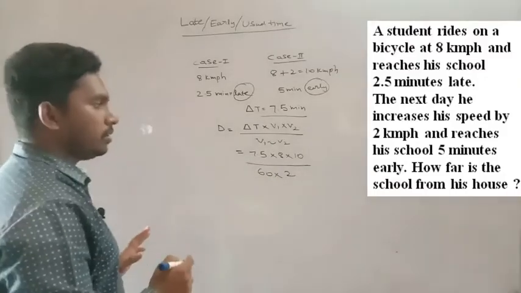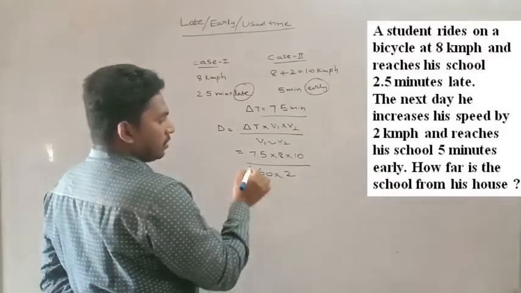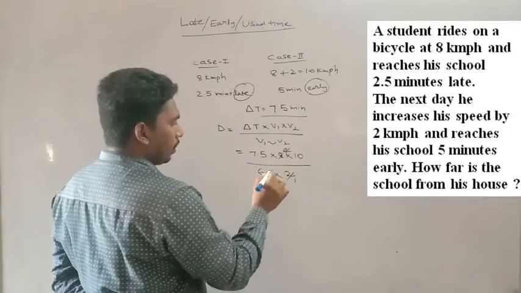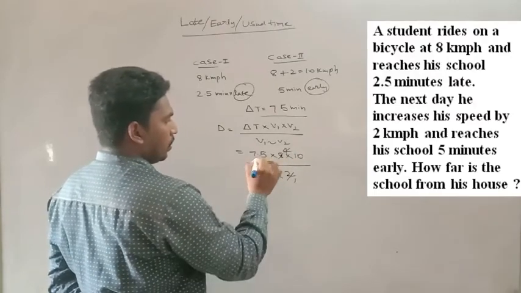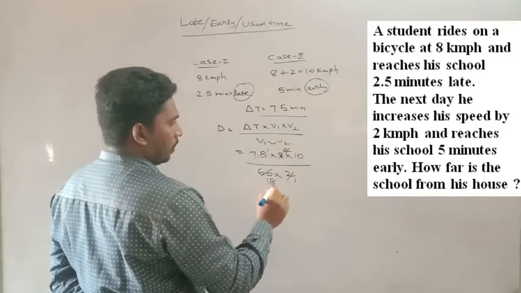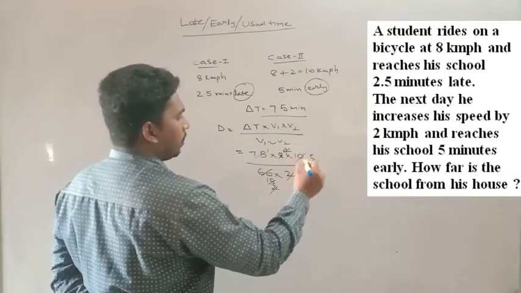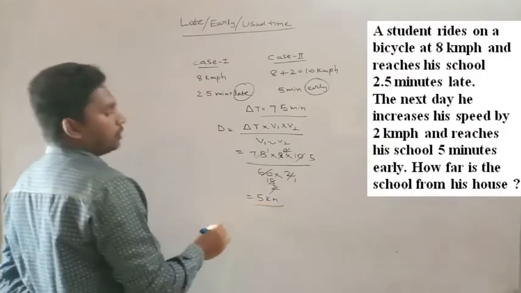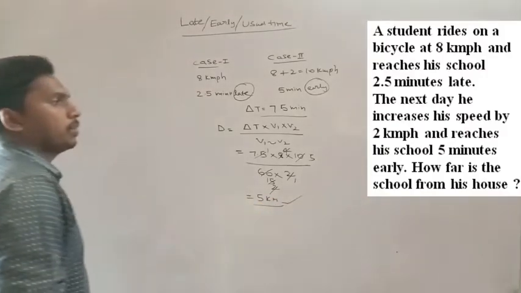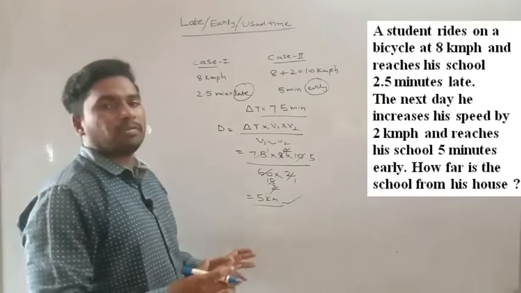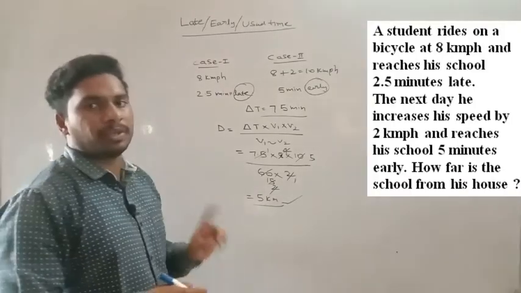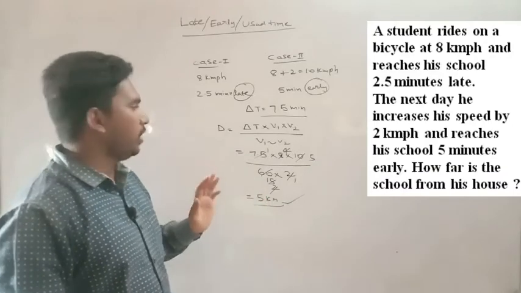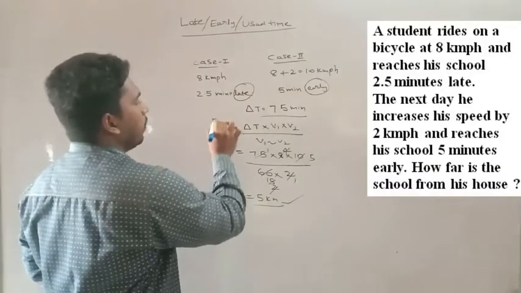Okay, so this is the thing. And now after cancellation, okay, so it is 5 kilometers. Okay, so this is how very easily you can solve this by using the shortcut method that we have, using this simple formula.